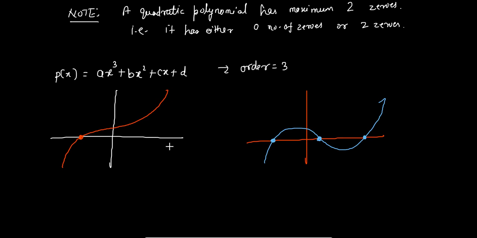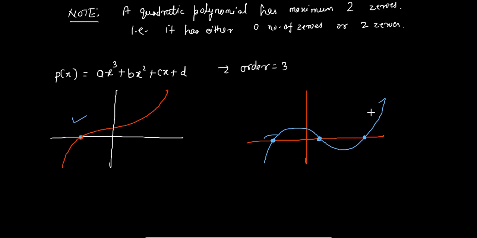So there are two possibilities, just like in the case of a quadratic polynomial. For a quadratic, we have either no zeros or two zeros. Similarly, for a cubic polynomial, either it will have only a single zero, like this, or it will have three zeros, right?